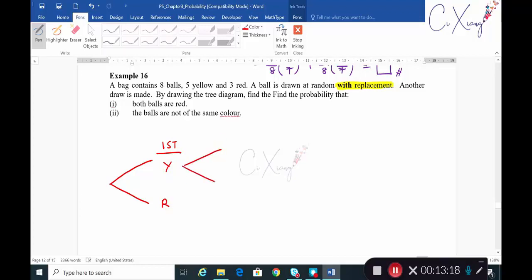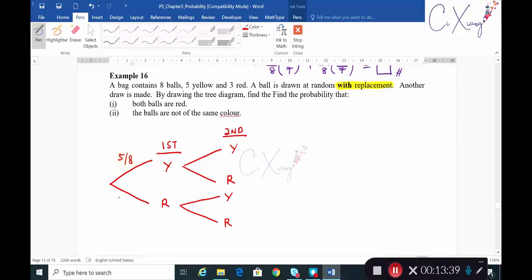After that, for the second ball, also yellow and red. The difference now is the probability given in the question, and also what you need to draw in the tree diagram. Right, so for the first ball, when you take out the yellow is 5 over 8.